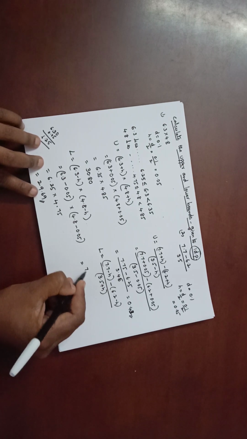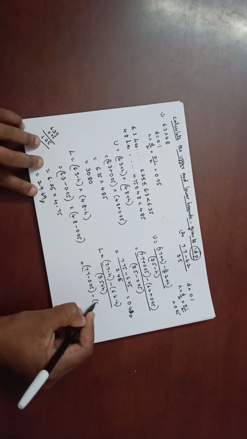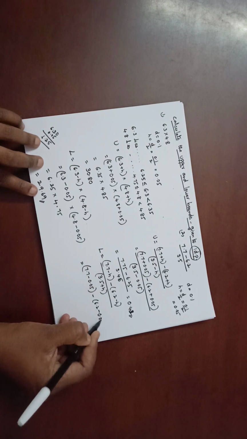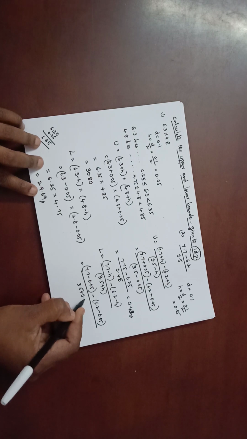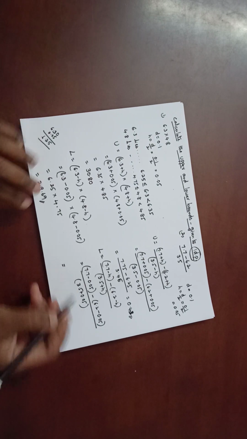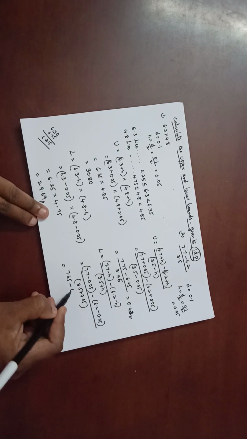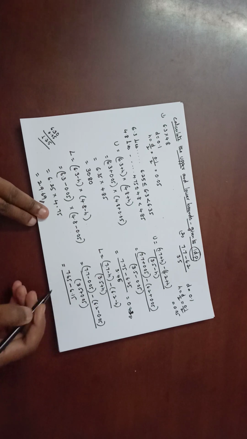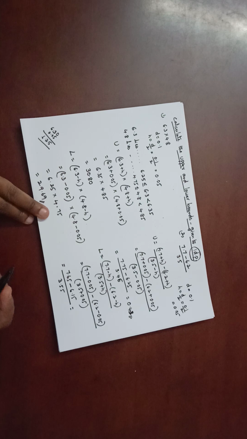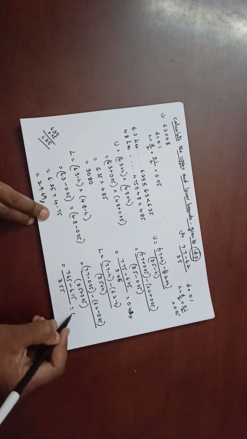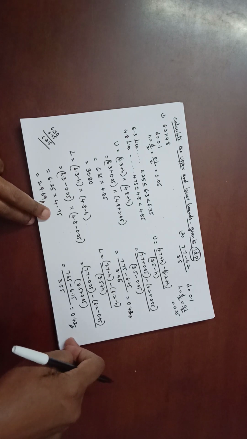So (7.7 - 0.05) - (6.2 - 0.05) divided by (3.5 + 0.05). This is subtraction: 7.65 minus 6.15 divided by 3.55. This is around 0.42. So this is the upper bound and this is the lower bound.